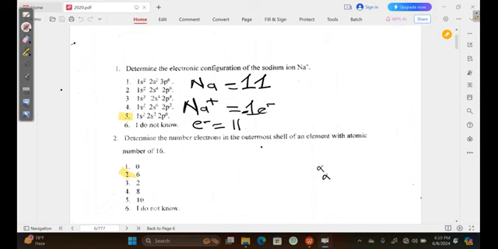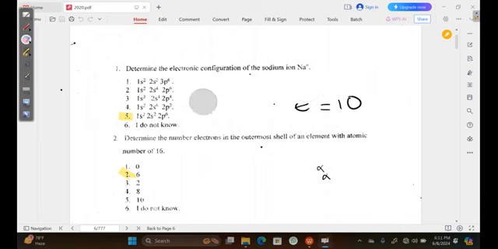So the cation there means that it has lost one electron. So we're going to have our 11 minus 1 as our number of electrons. So our electrons will basically be equal to 10. So we've established that we're working against 10 as our number of electrons.